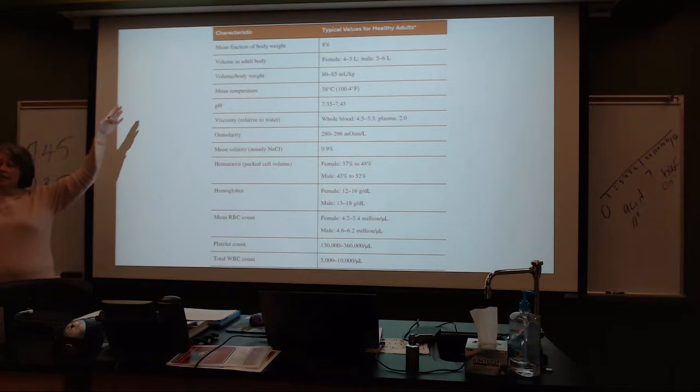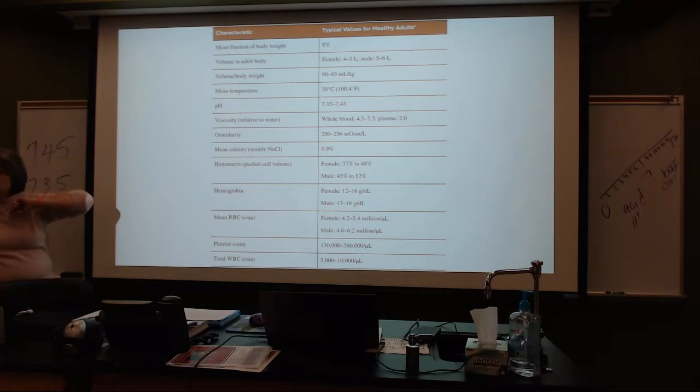That amount can increase and decrease in the body, and the body can adapt to that for a short period of time. But under normal conditions, about 4 to 6 liters. Temperature, we can get from it. pH, we can get. Viscosity, we can get. We can get osmolarity, which is something that hopefully they covered in your Part 1 course.